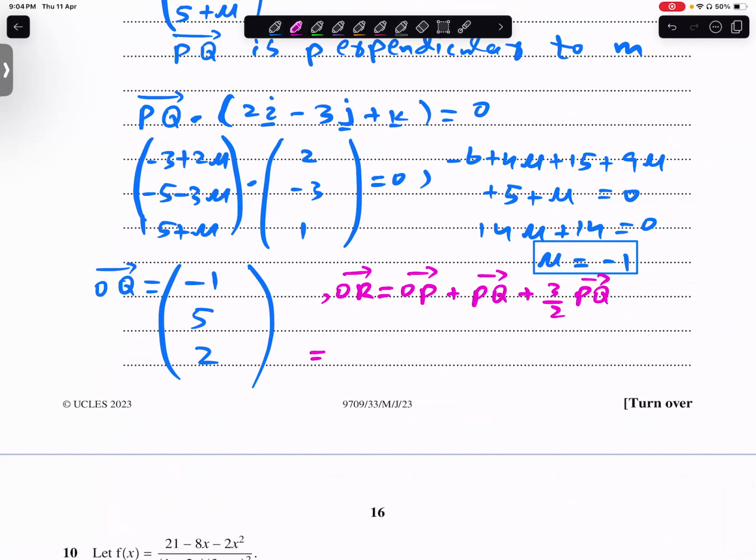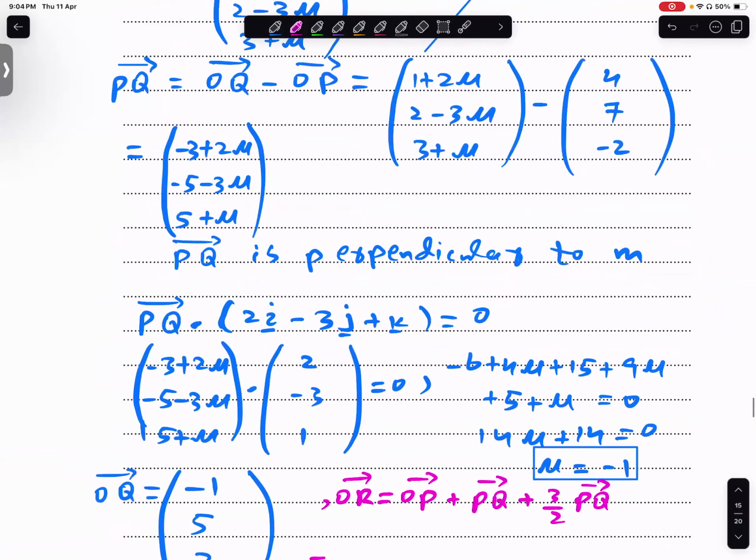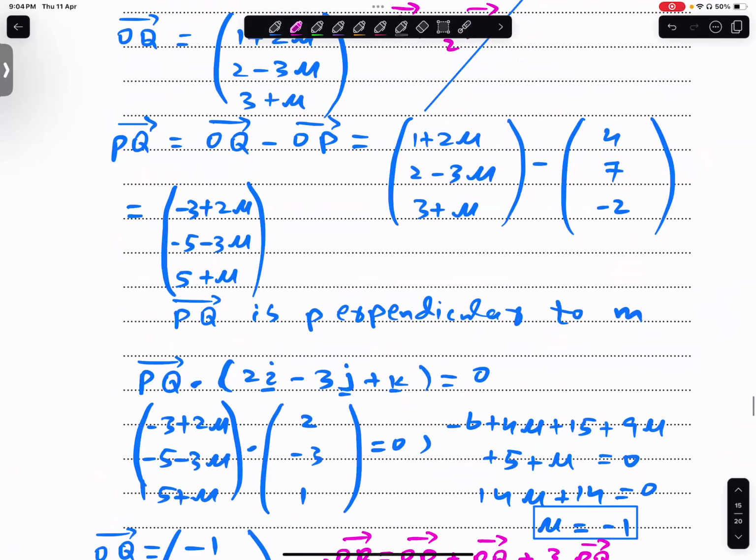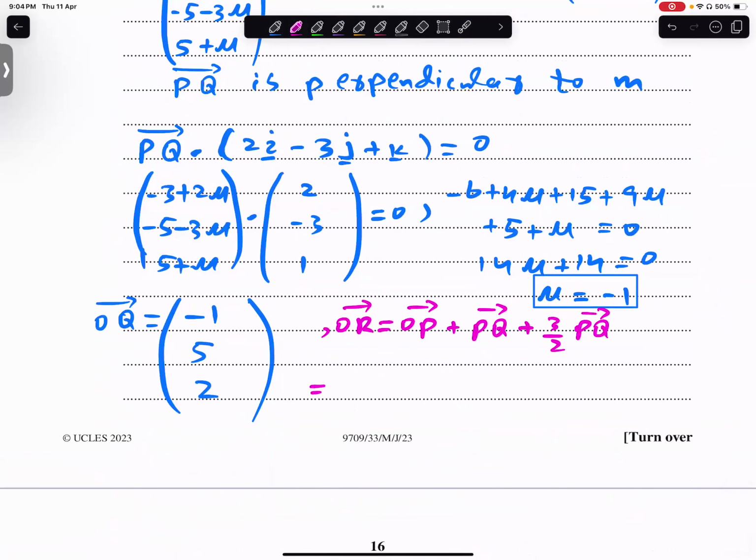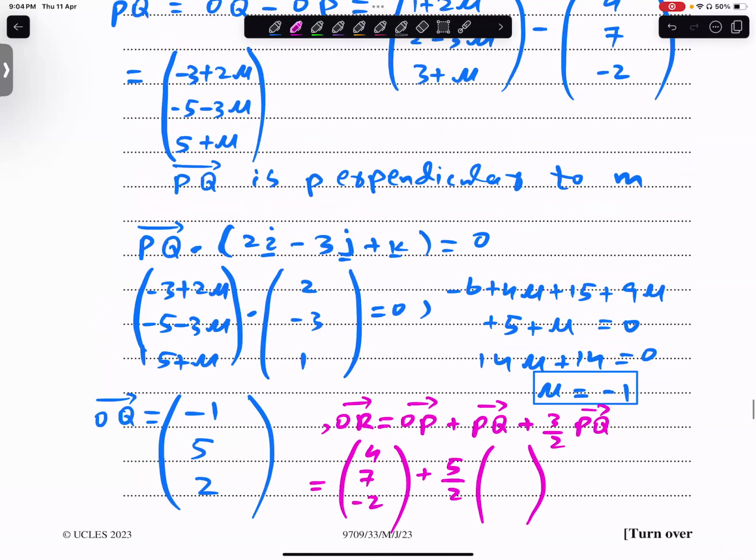So what is OP? OP was 4, 7, minus 2. And PQ plus 3 by 2 PQ will be 5 by 2, since 3 by 2 plus 1 will be 5 by 2. And what is PQ?